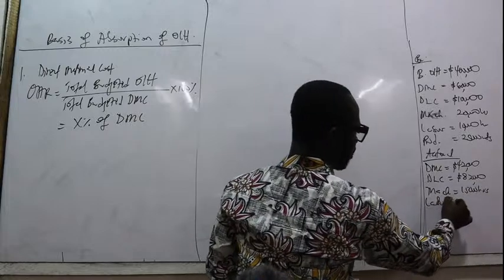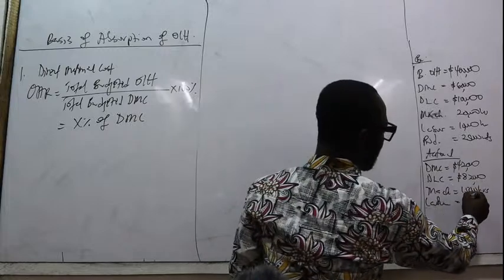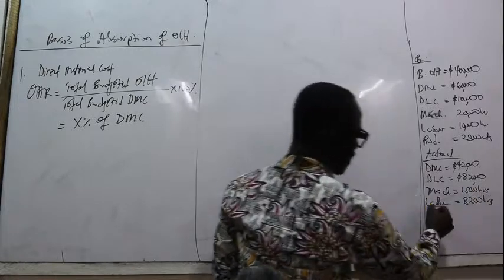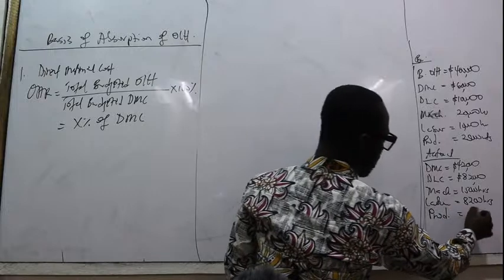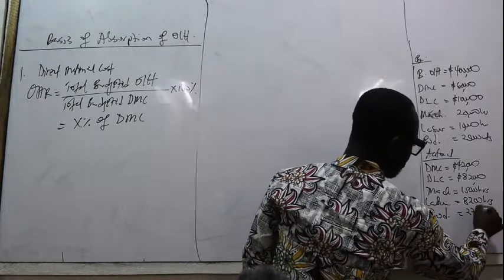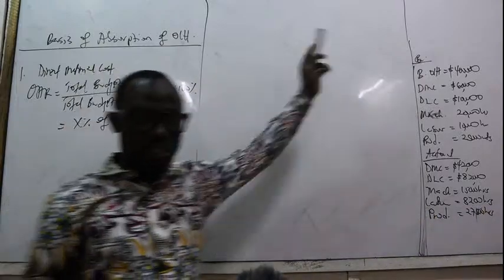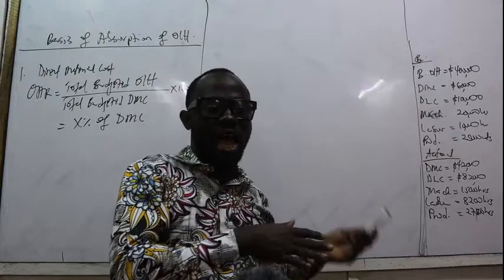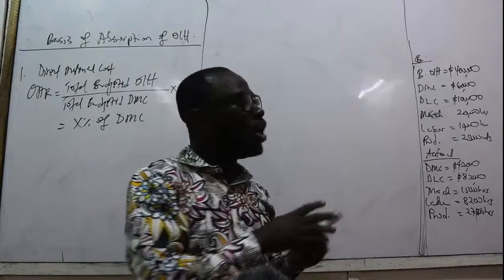Labor hours on the actual level is 8,200 hours. Then the production units on the actual level, let's say 27,500. So these are the information we have, and we're going to be working with this information.